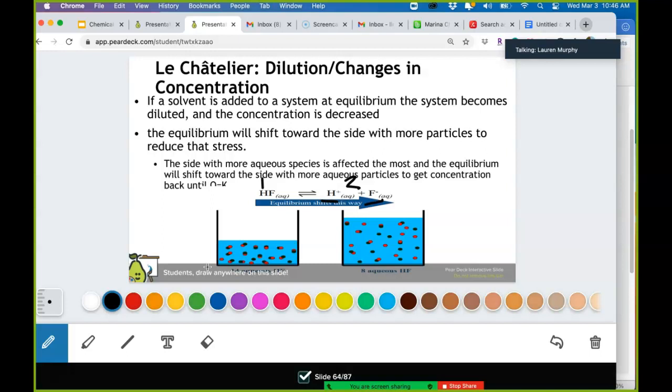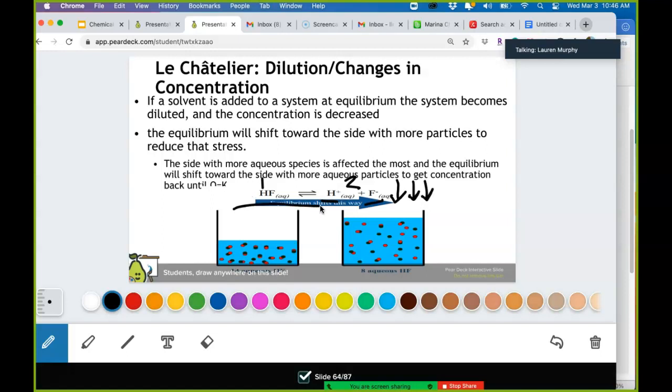The problem is the side you have more aqueous species on gets diluted more because there's more aqueous species on it. So that means this side is more heavily affected by a dilution because there's more aqueous things, meaning this guy drops more drastically in concentration than, let's say, this side.